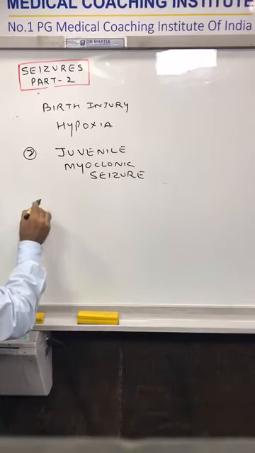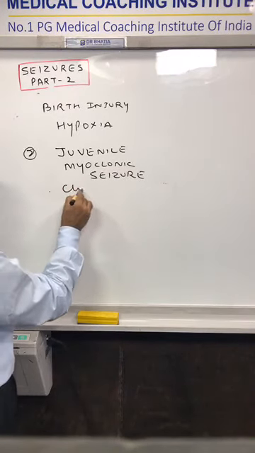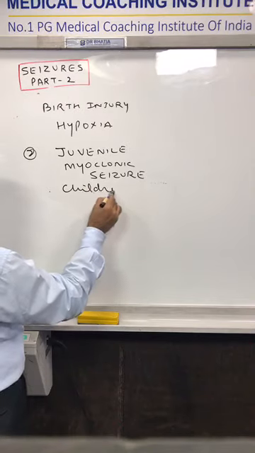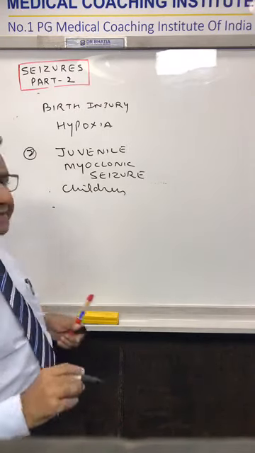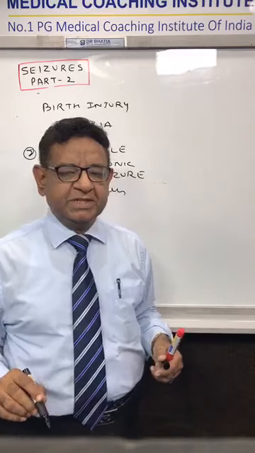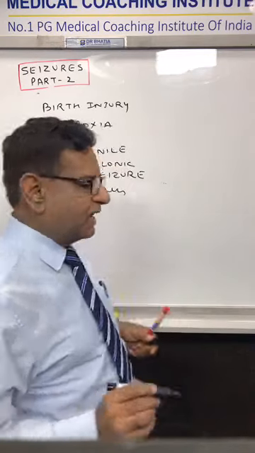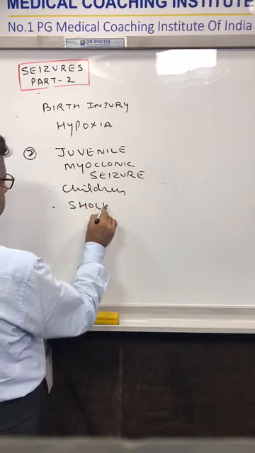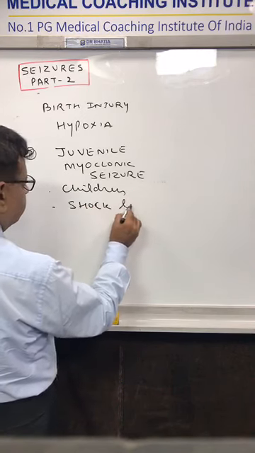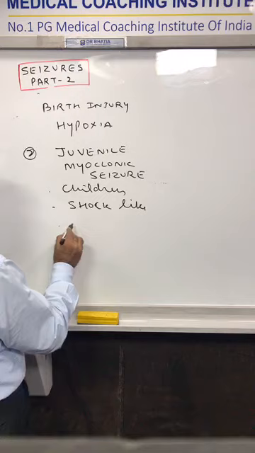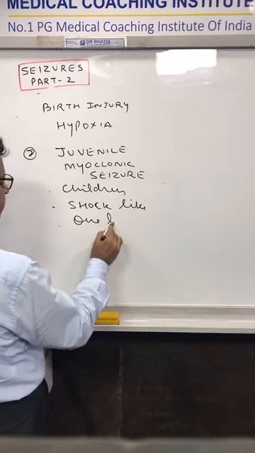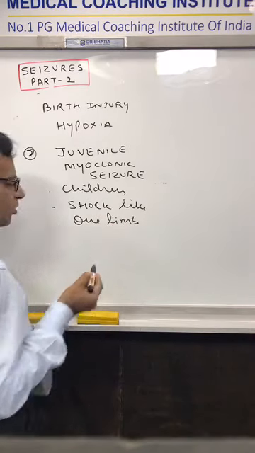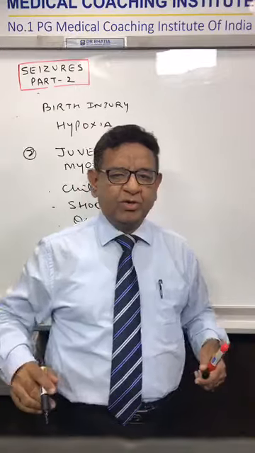It classically is seen in children. And as I discussed last time, these children develop shock-like movements involving one limb, or one half of the body, or the whole body.